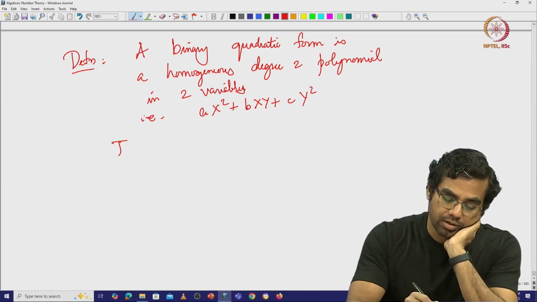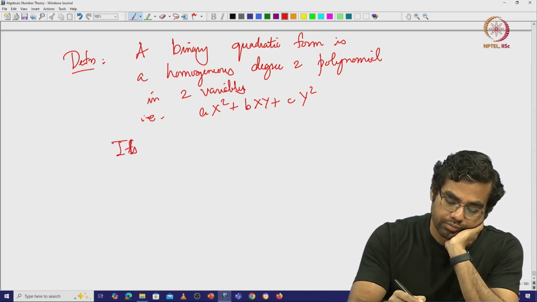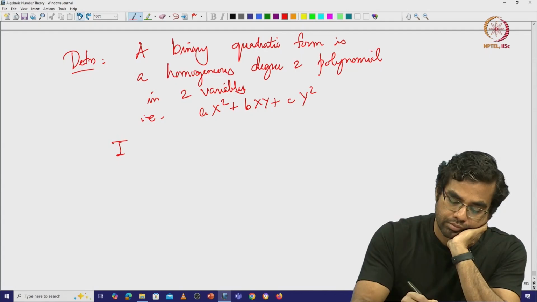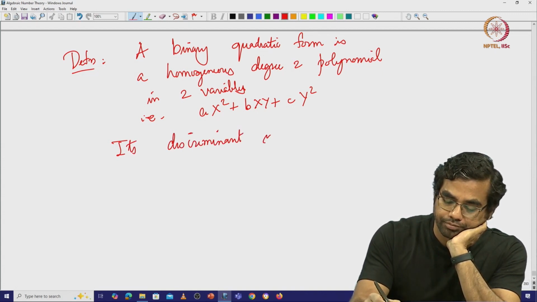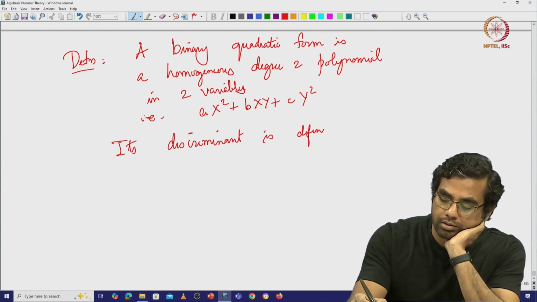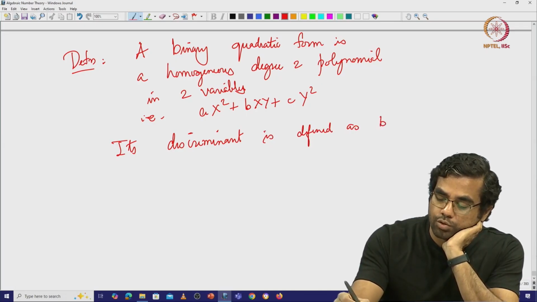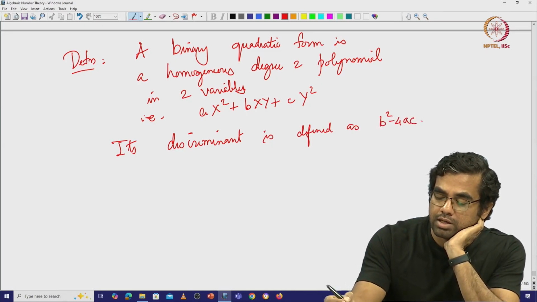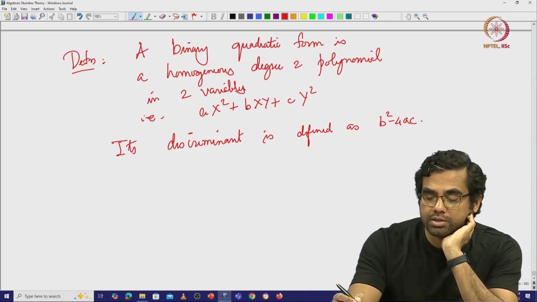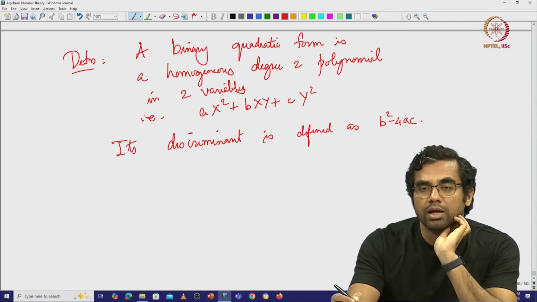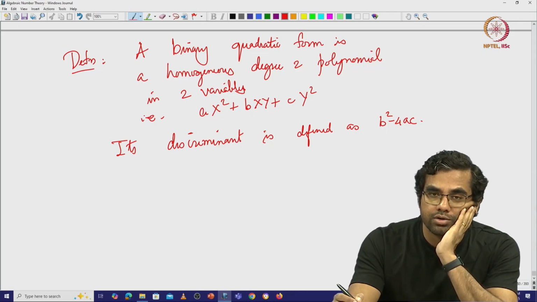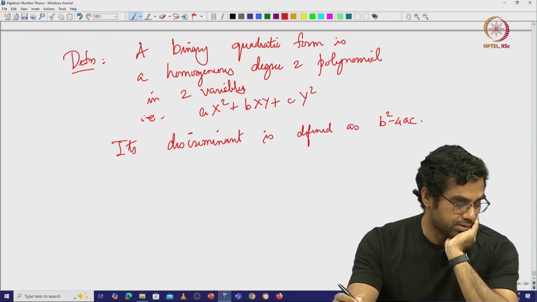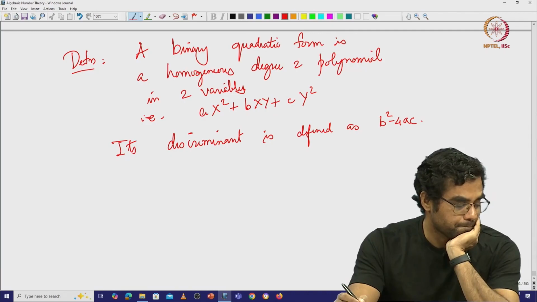Its discriminant is defined as B² - 4AC, and you shouldn't be surprised to see this quantity. This is exactly the kind of expression that appears if you are trying to solve quadratic equations.